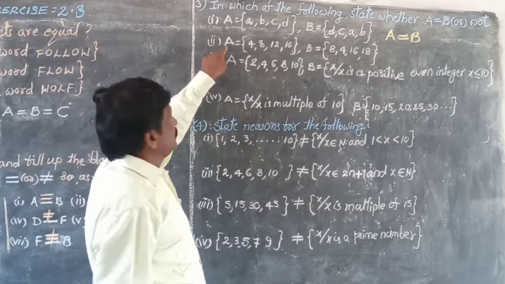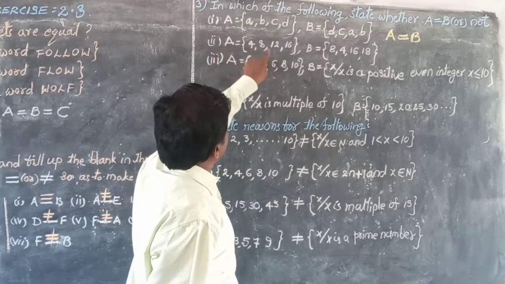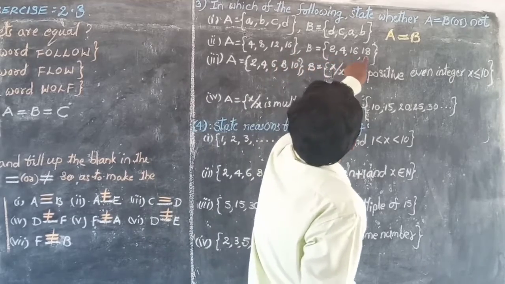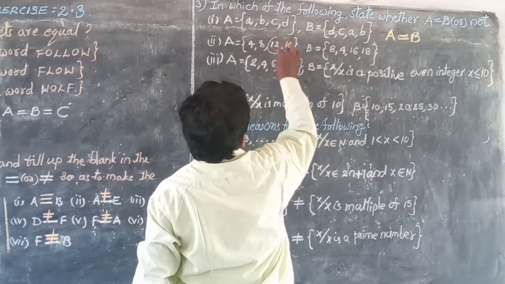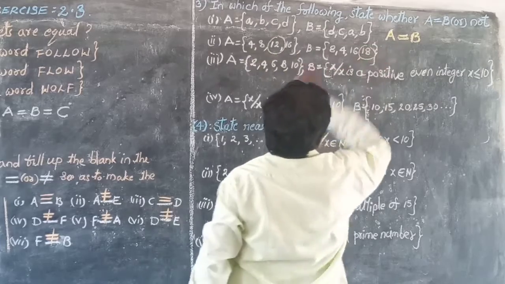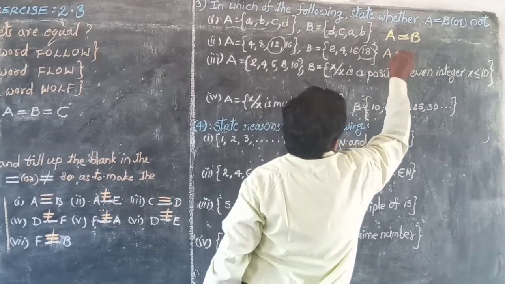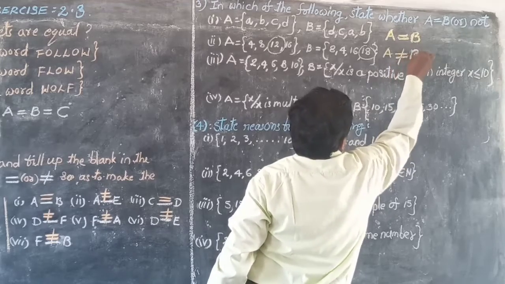Next, second: 4, 8, 12, 16 and 8, 4, 16, 18. So they are not equal. So A is not equal to B.